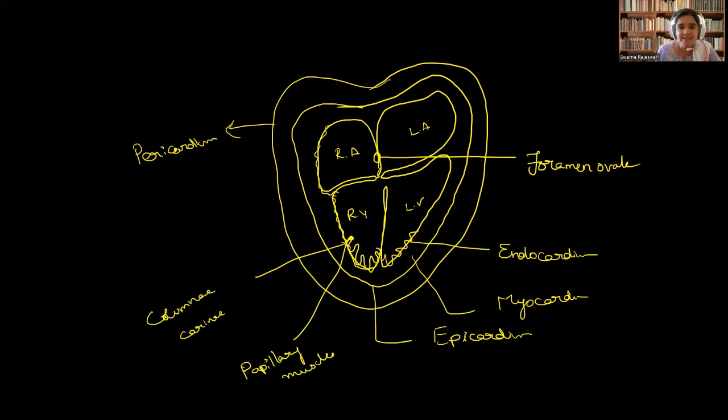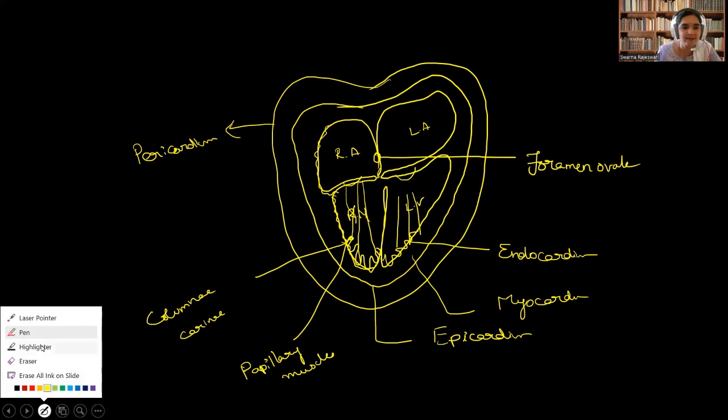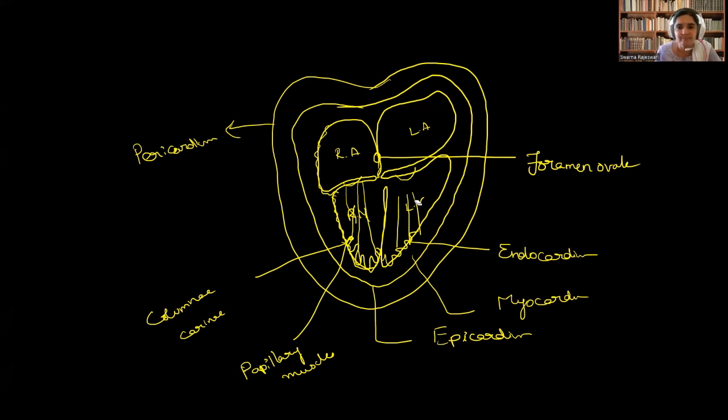And from these papillary muscles arise what are called chordae tendineae, which are connected to the septa. Here there will be 3 chordae tendineae, and here only 2. I have drawn 3, I will draw 1. Okay. These are chordae tendineae. Let us name them also.